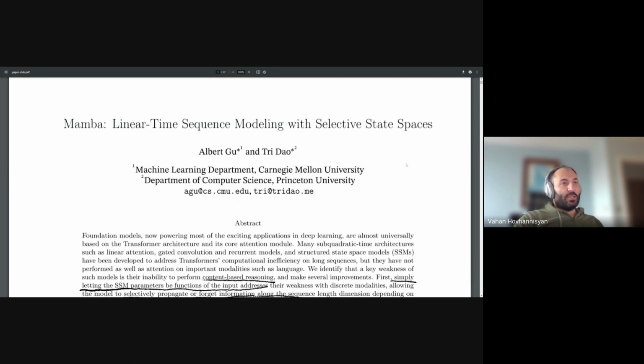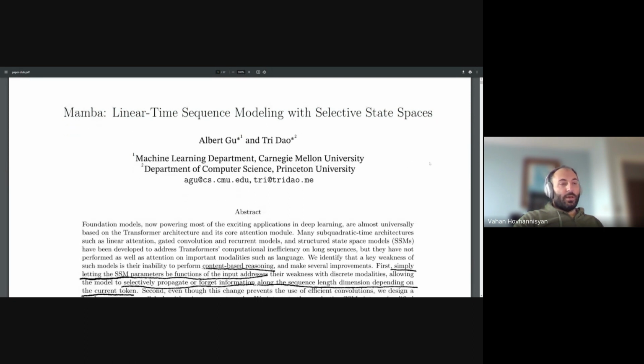Those state space models haven't performed well on discrete modalities like language or DNA sequences. And here, the authors found a way to keep the high performance of state space models, but make it work well with discrete data. Okay, so there are lots of different tricks here.